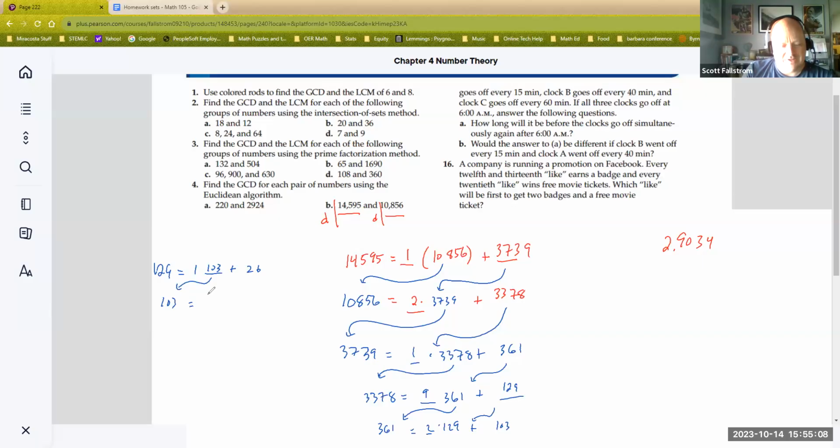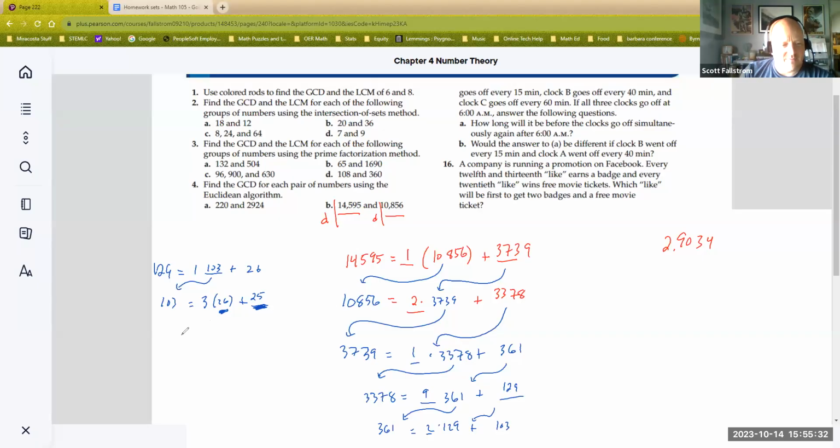103 equals how many groups of 26? It's 3.96, so that means three groups of 26 plus a remainder. 103 minus 3 groups of 26 gives me 25. At this stage, I would stop because I can tell what's common between 26 and 25, and the answer is just 1.